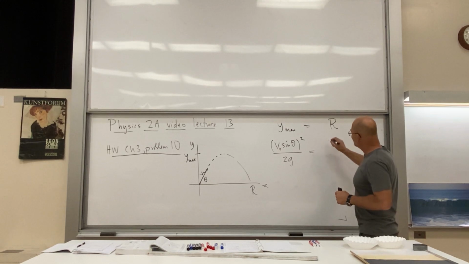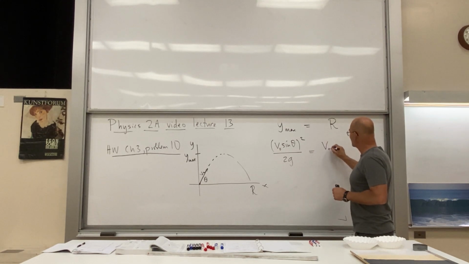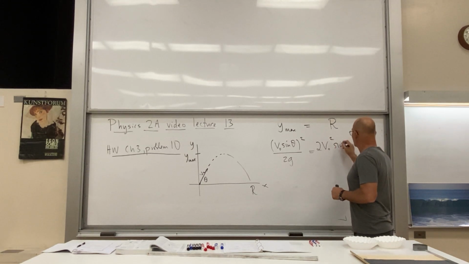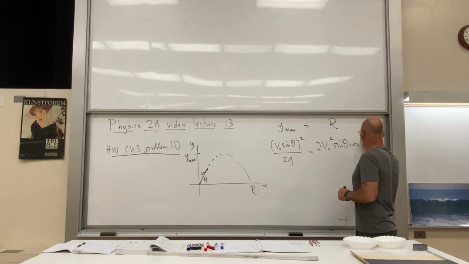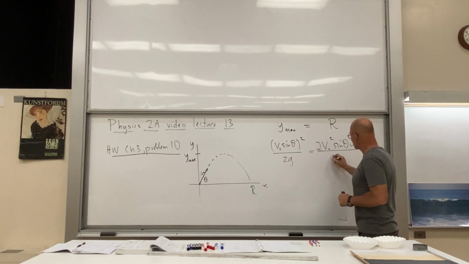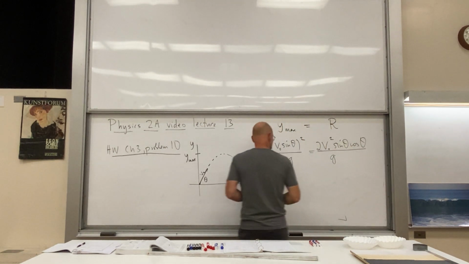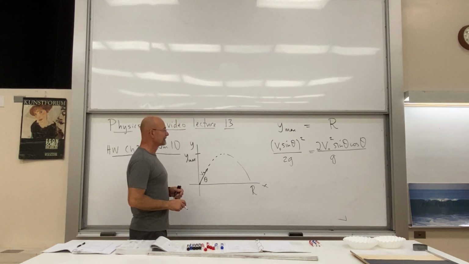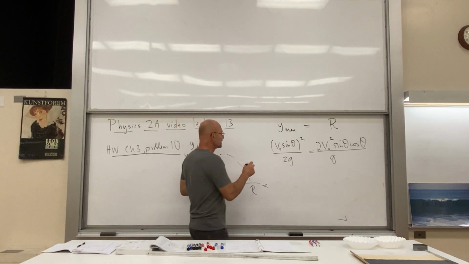Over here on the right side, we have 2 times v0 squared sine theta cosine theta, divided by g. I had derived this formula as well. So you see there are some great cancellations coming in.